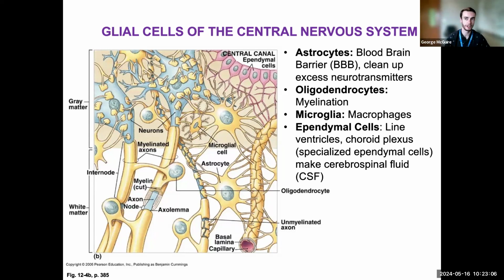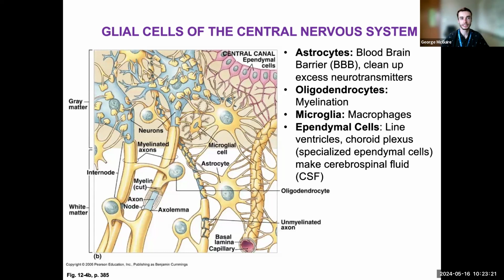So in the central nervous system, we have four main types. We have our astrocytes, which make these star-looking shapes. Their main function is to create what is called the blood-brain barrier.